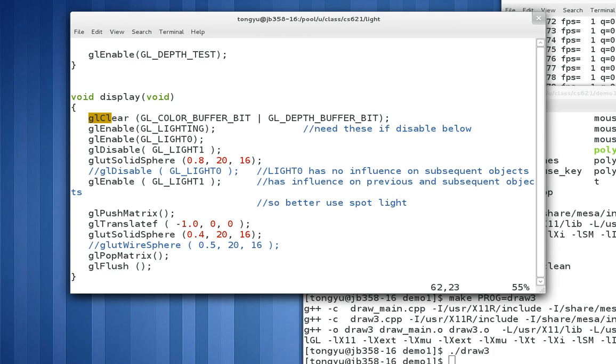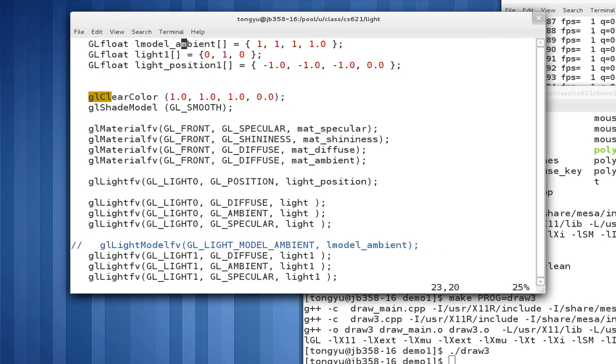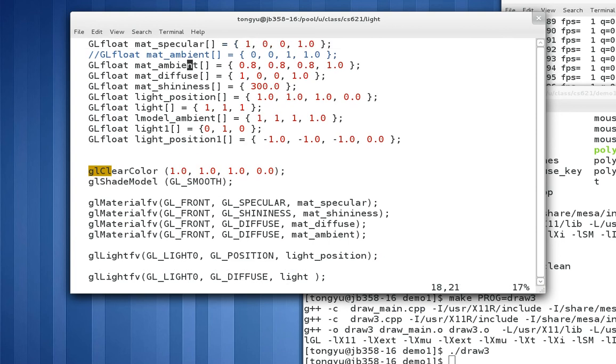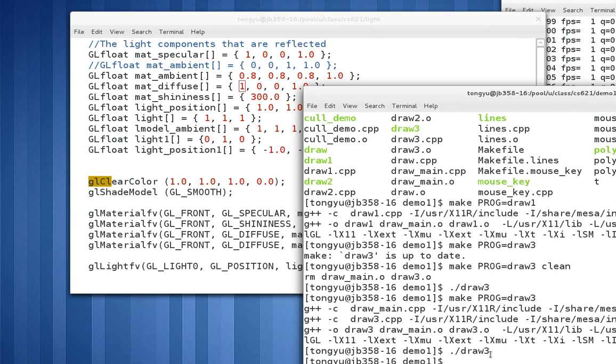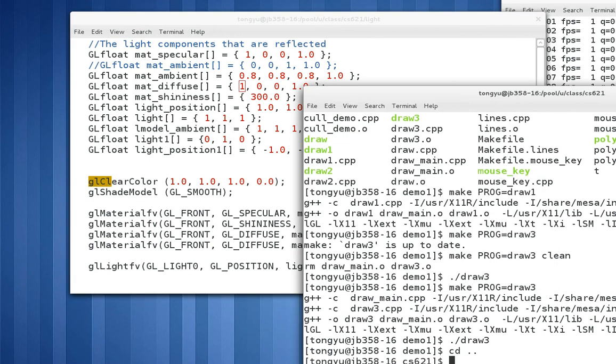So that means the second one on the left, okay, we translate to the left, it will be green, and the first one will be mostly white or gray because we use the ambient 0.x, 0.x, 0.x, but with some specular component of red and some diffuse component red. So now let's execute that and see how it looks.